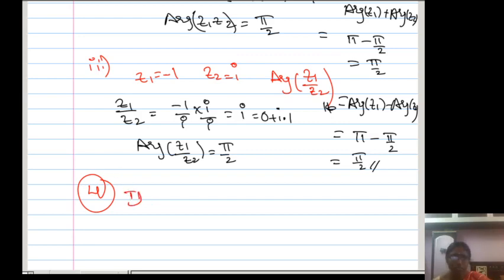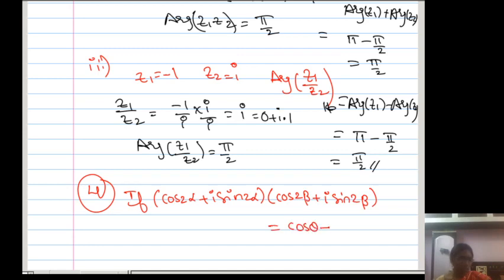If cos 2 alpha plus i sin 2 alpha, into cos 2 beta plus i sin 2 beta, is equal to cos theta plus i sin theta, then find the value of theta.